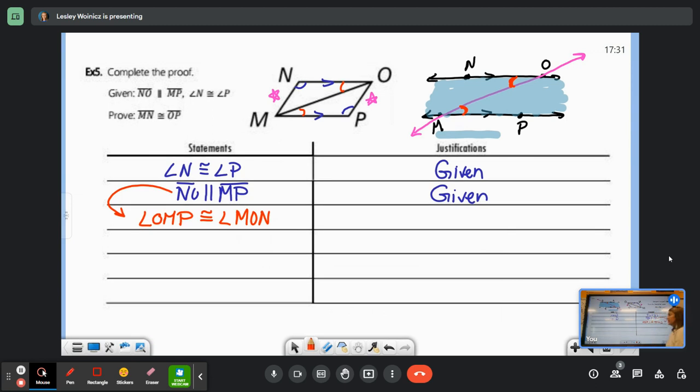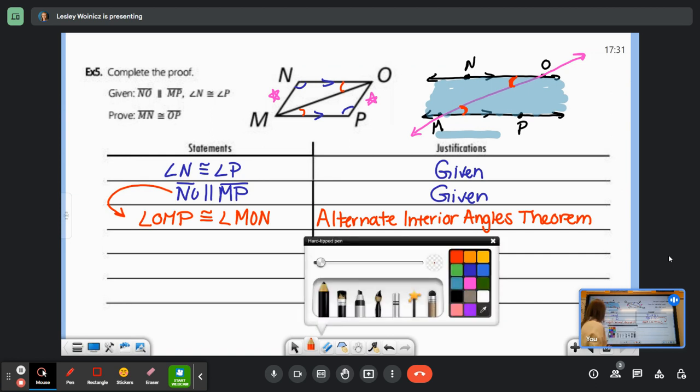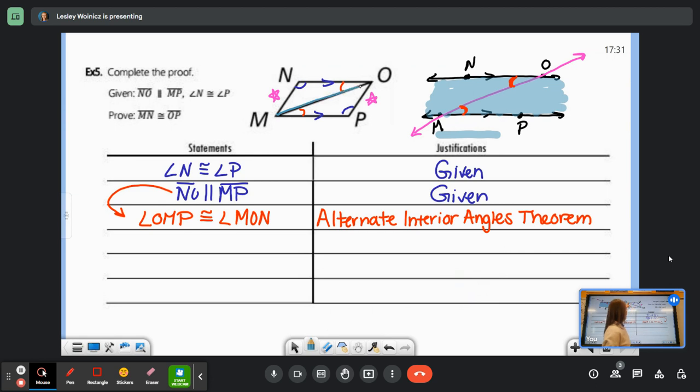And that is because of the alternate interior angles theorem. Okay, now I have a beautiful, lovely shared side, which is congruent to itself by the reflexive property of congruence.